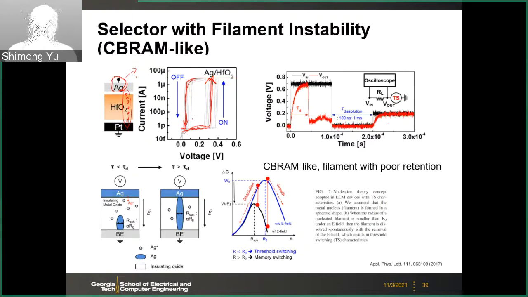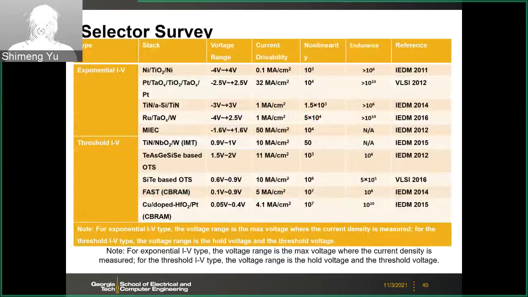I don't require the details of the mechanisms of each of those individual devices, but what you need to understand is the general shape of the selector, like the I-V: you have the exponential I-V or the threshold I-V. And this table just summarizes the reported selector prototypes from the literature.